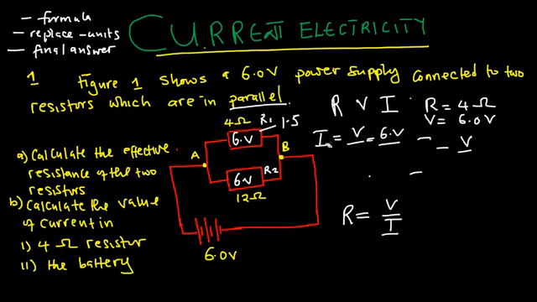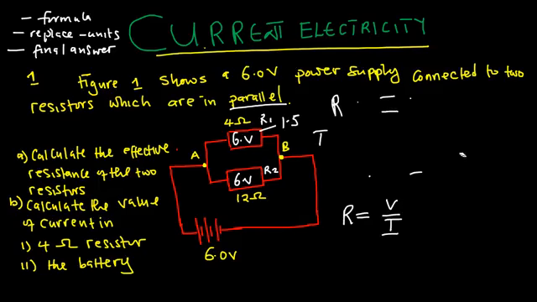When you are asked to find the current in the battery, we are talking about the total voltage, which is 6.0 volts. And if we are looking at the total voltage, then the resistance is also the total resistance.